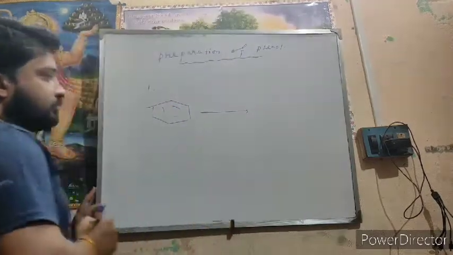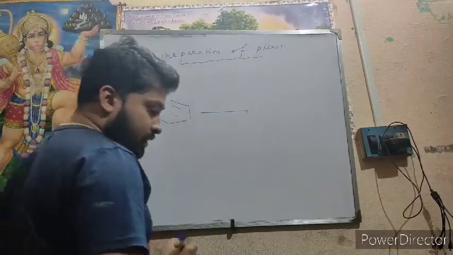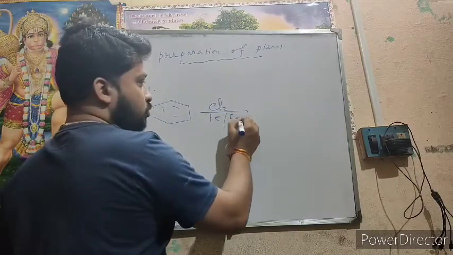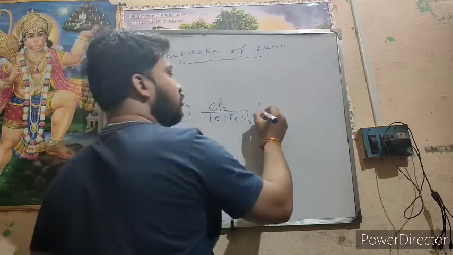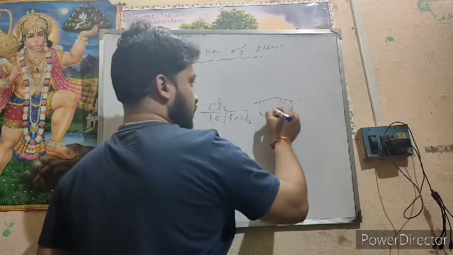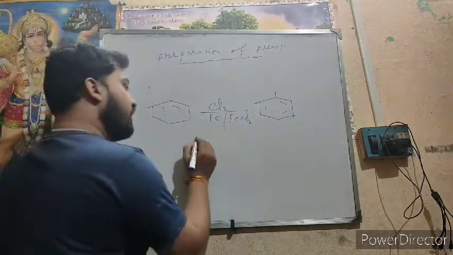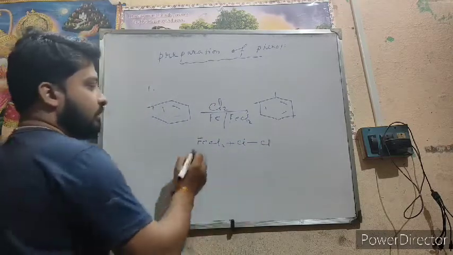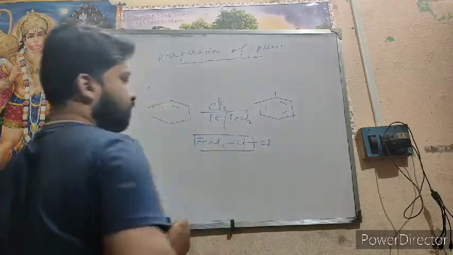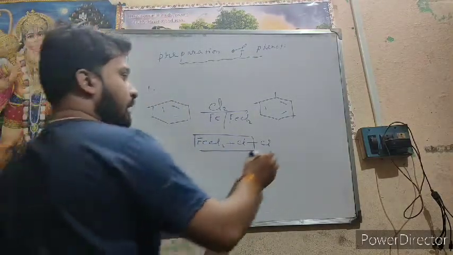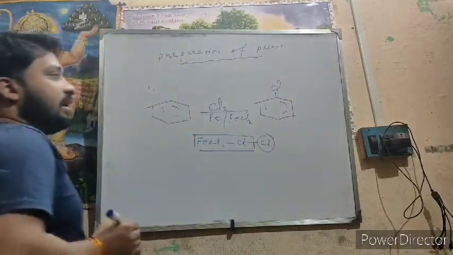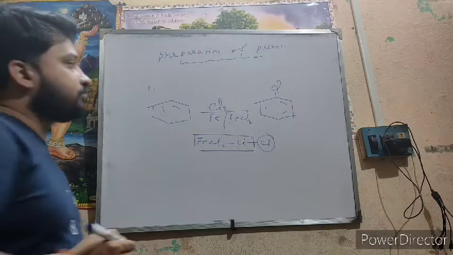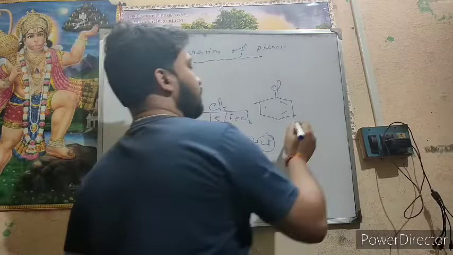This is benzene, and it reacts with chlorine with Fe or FeCl3, and it gives chlorobenzene. So the product is chlorobenzene.